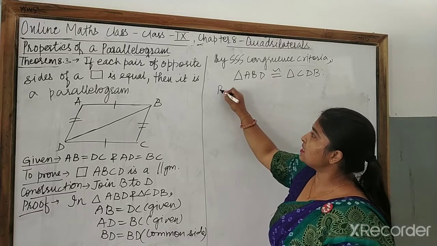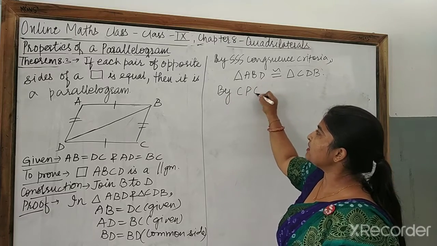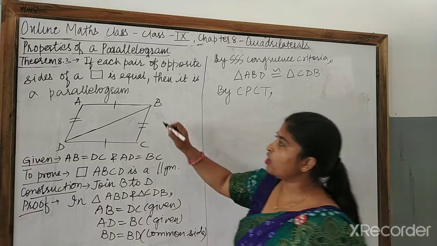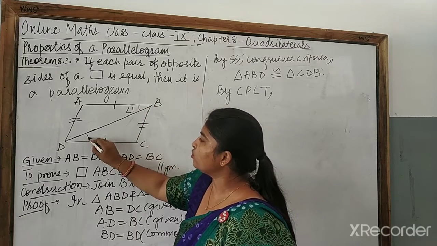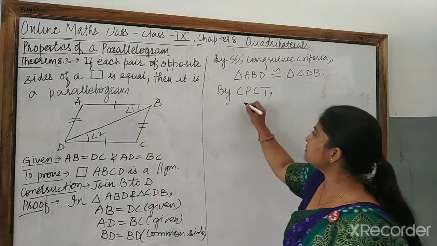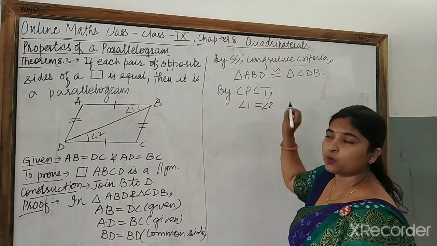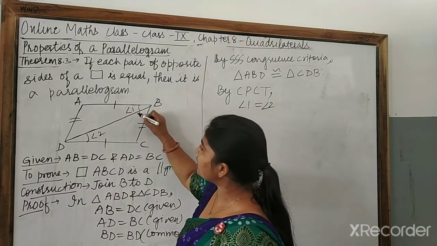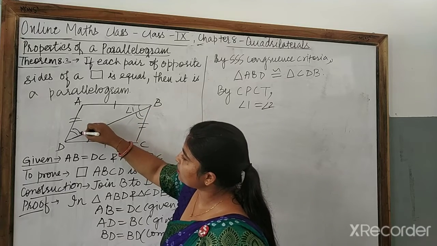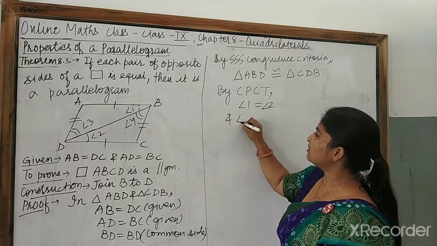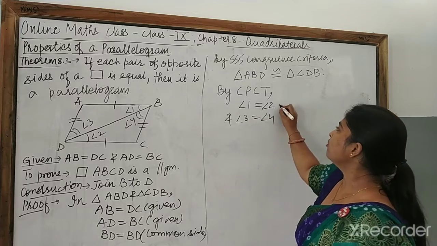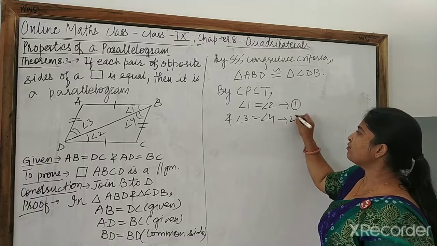By CPCT, can I say now here you have to make the angles. Angle 1 is equal to angle 2. Yes, angle 1 will be equal to angle 2. Okay. And angle 3 will be equal to angle 4. Given equation number 1, equation number 2.